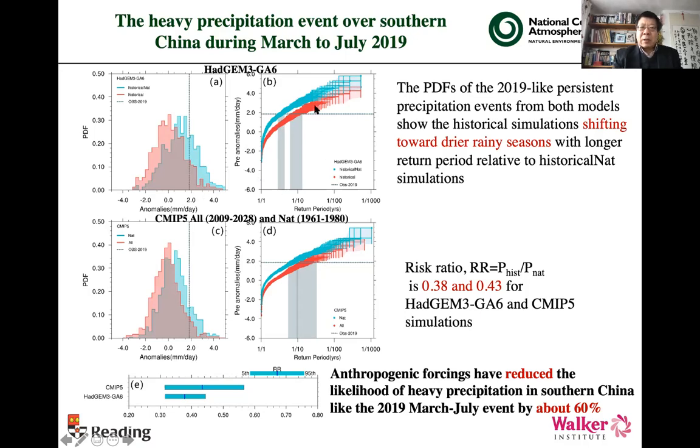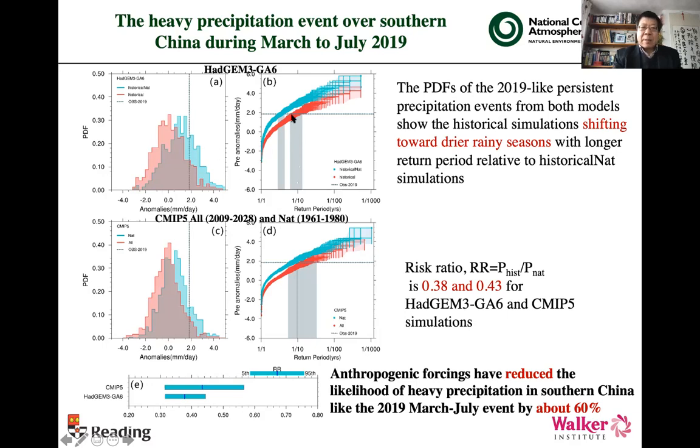And this shows the return period. The red line is the historical simulation for 2019, and the blue line is the historical natural simulation for 2019. In the natural simulation it is a 1 in 7-year event, but with all forcing included it becomes a 1 in 10-year event.